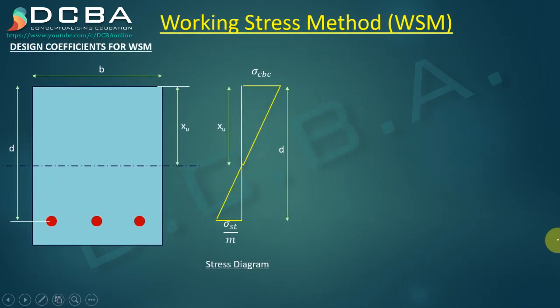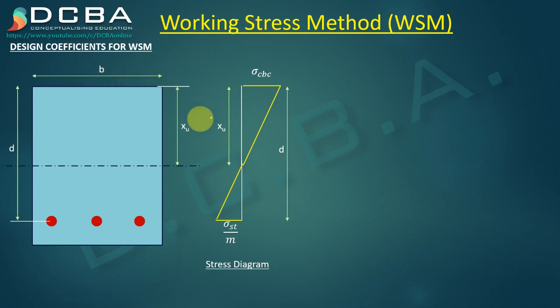Now there is a thing which is very particular for a working stress method, that is it has design coefficients. This you will find only for working stress method generally, basically for WSM only. So how to find these design coefficients?